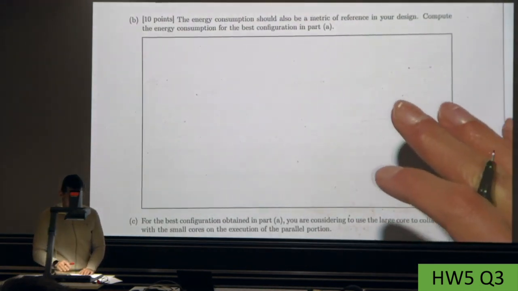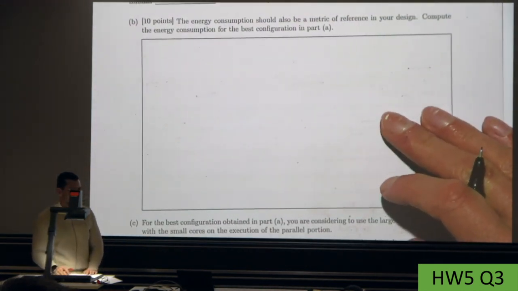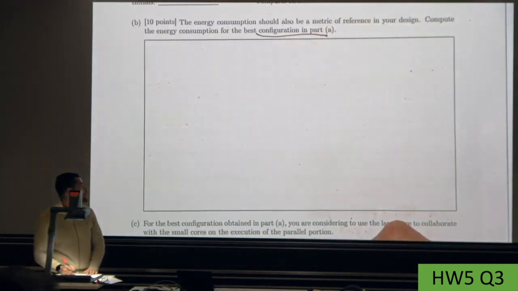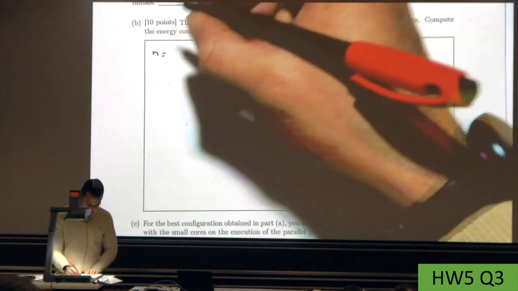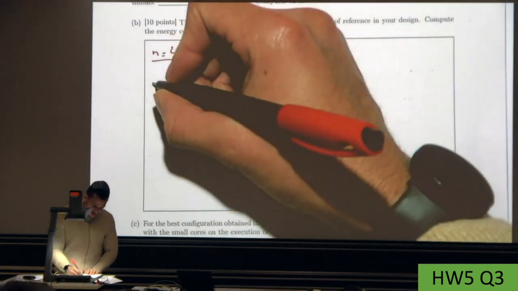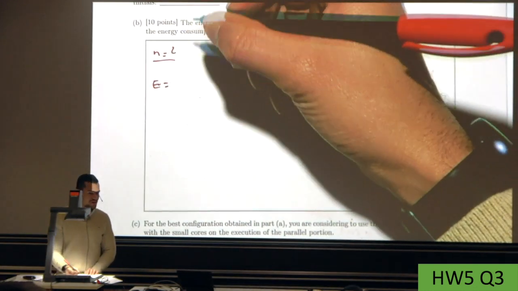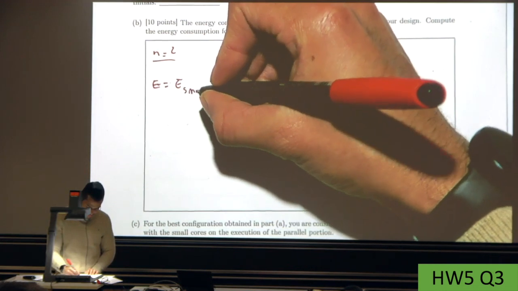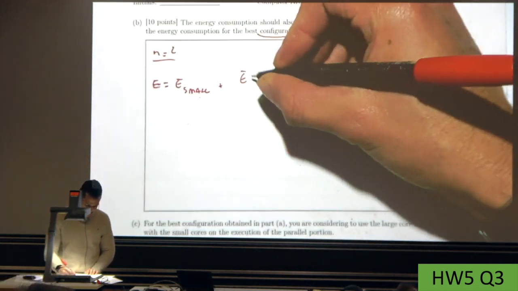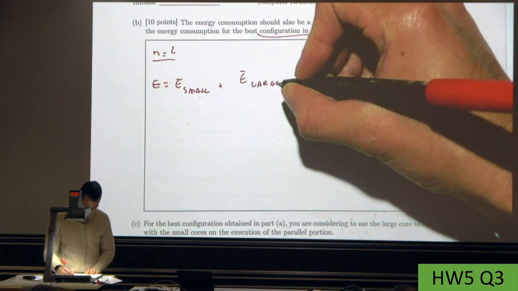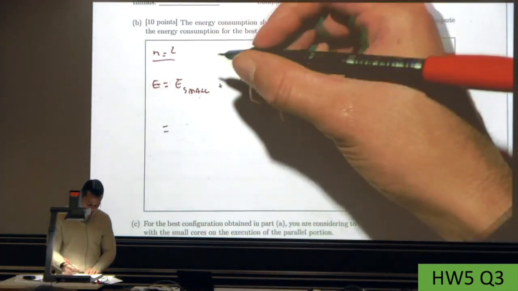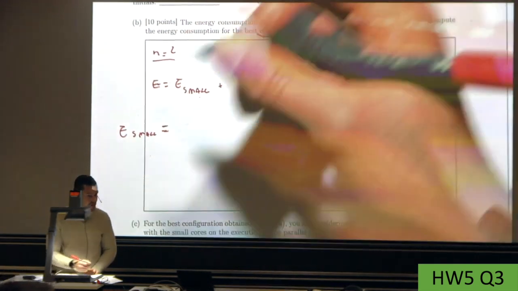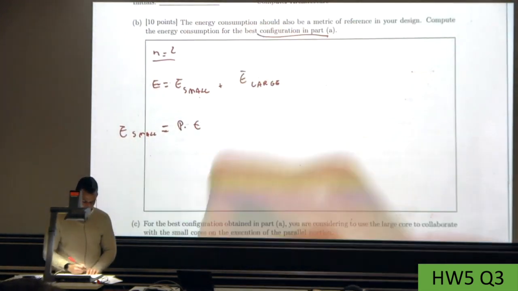Then they ask you to calculate the energy for this design, considering the best configuration that you find in part A, so n equals 2. The energy is going to be given by the energy of the small cores plus the energy of the larger core. For the small core, the energy is equal to power times time.